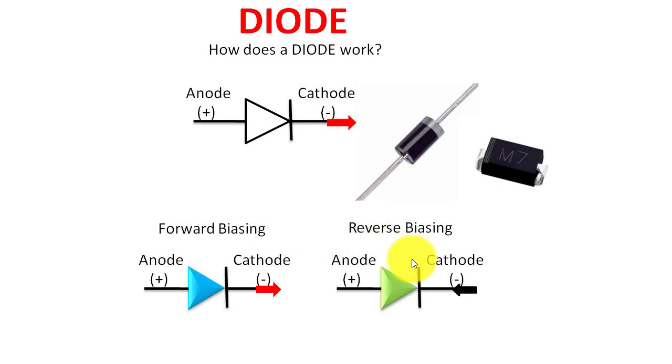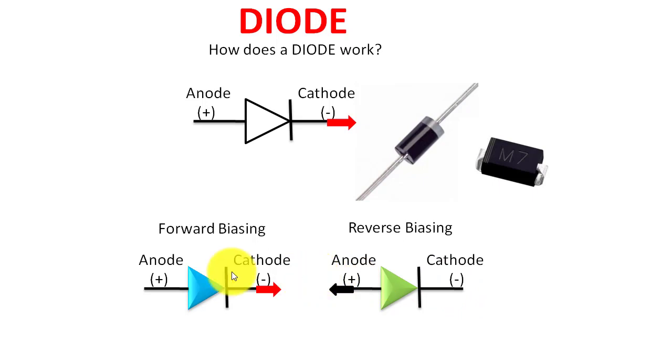Now reverse biasing, what will happen in reverse biasing? In reverse biasing, there will be a negative voltage. This is the negative terminal, and from the negative terminal the negative signal will pass. So when the negative signal passes, from cathode to anode, this is negative.